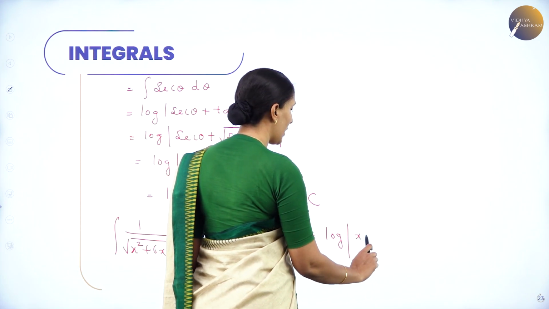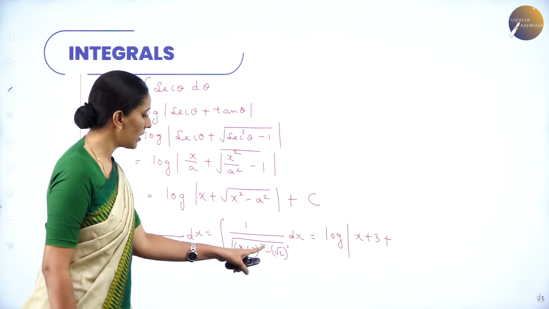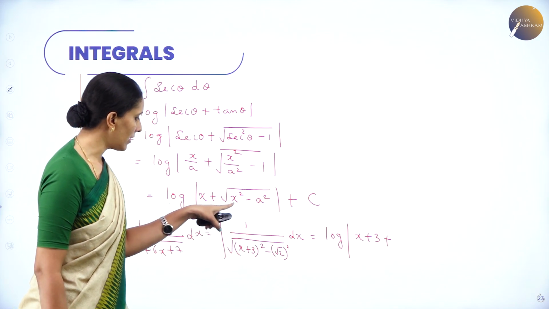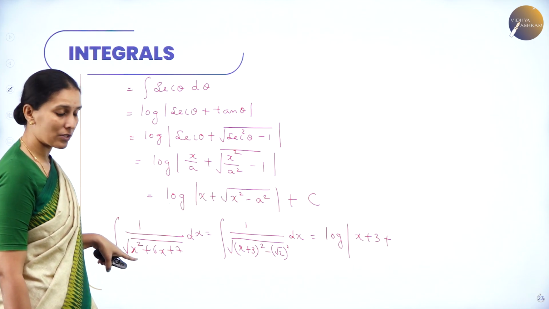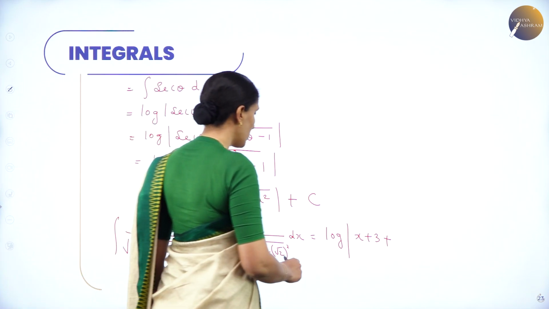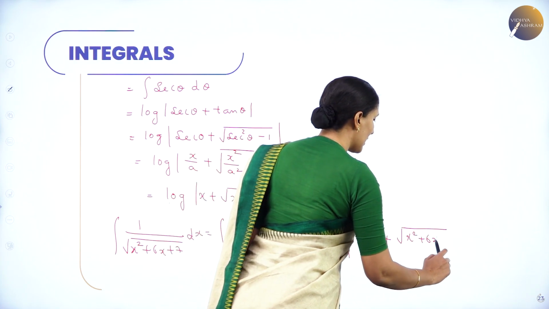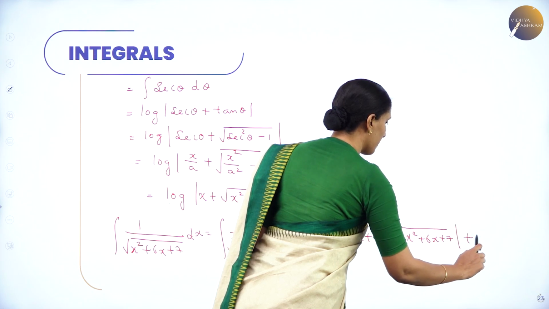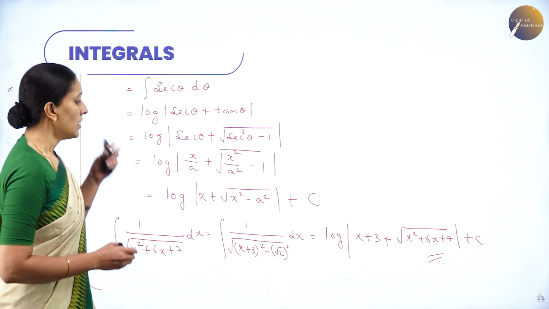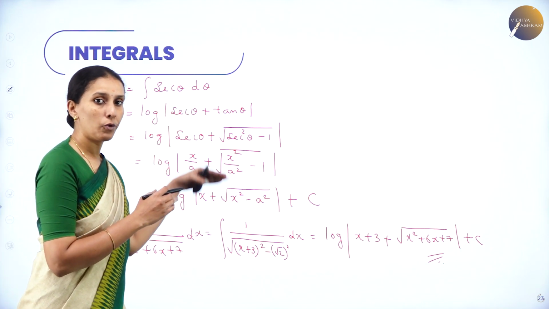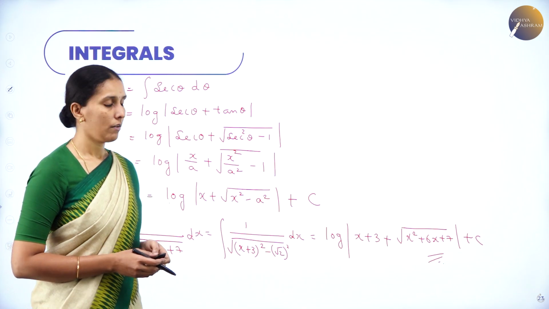So I can put x plus 3 plus root of x plus 3 whole square minus root 2 whole square. This root is nothing but root of x square plus 6x plus 7. So instead of this, I can directly write the square root of x square plus 6x plus 7, plus c. So this is the value of the given integral. So this is how we find the proof of the standard integral and evaluate the given integral.